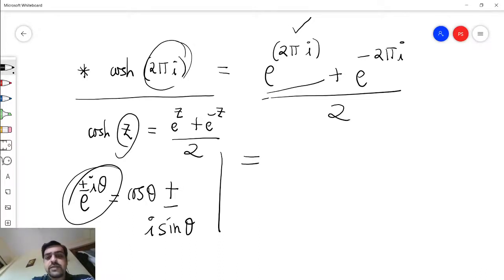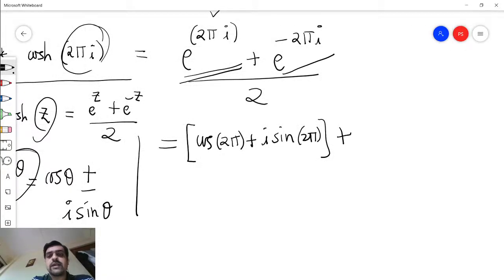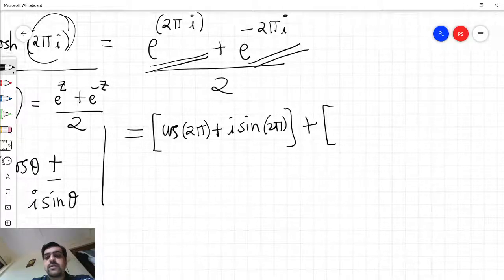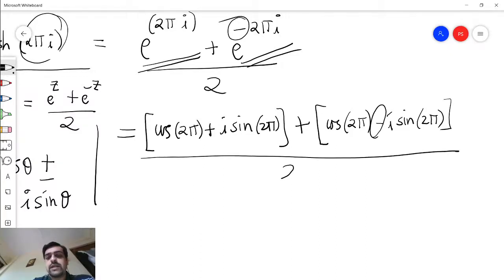So for the first term, I will write cos of 2 pi plus i sine of 2 pi, plus for the second term, I will write cos of 2 pi minus i sine of 2 pi. Since we have a negative sign here, we will have a negative sign here as well, and divided by 2.